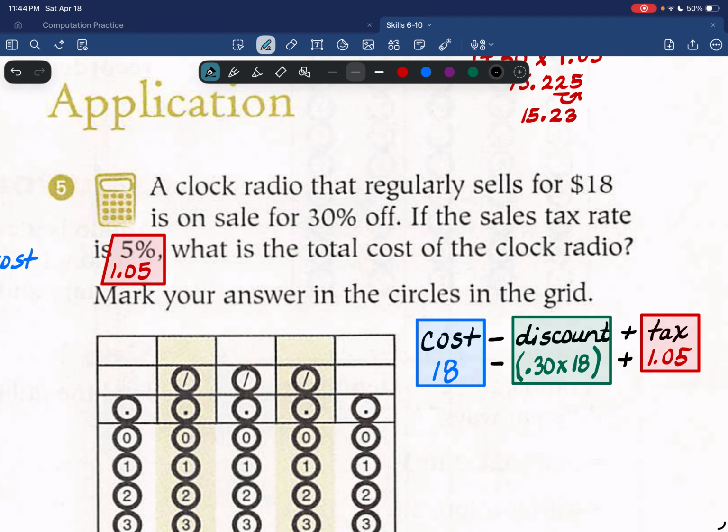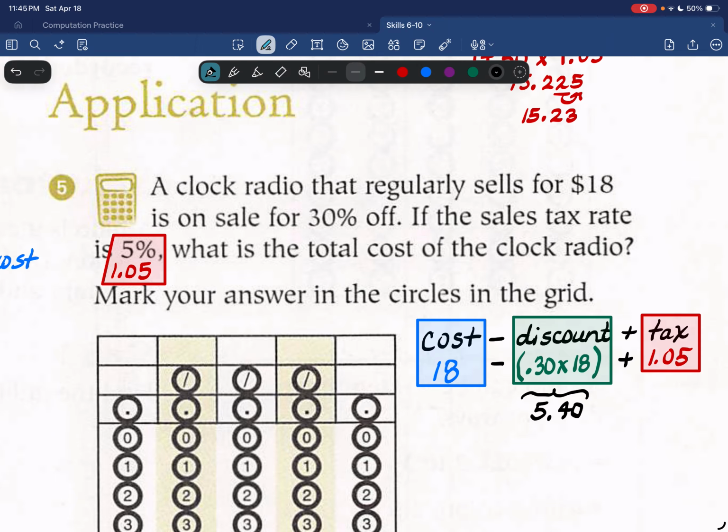I'm going to have to figure the discount first. We can use a calculator. Thank goodness. So 18 times 0.30 is $5.40. That's the discount.